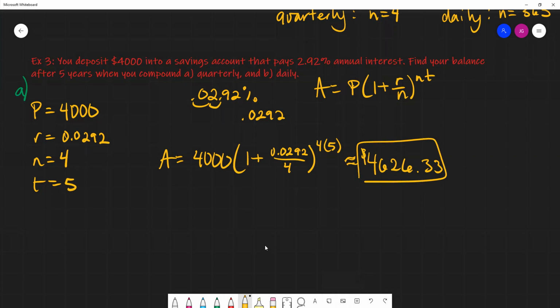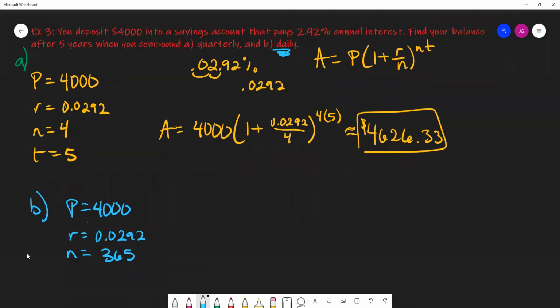Okay, so now we do it again, but this time with the daily, okay? So everything is gonna stay the same. 4,000 is our P, our R is still 0.0292, our N is what changes. That is now 365. And then our T is still 5.